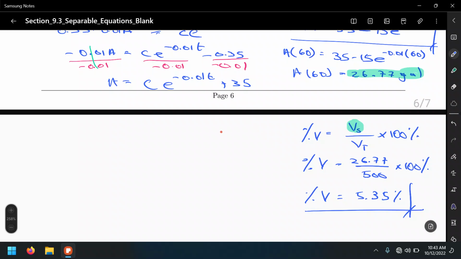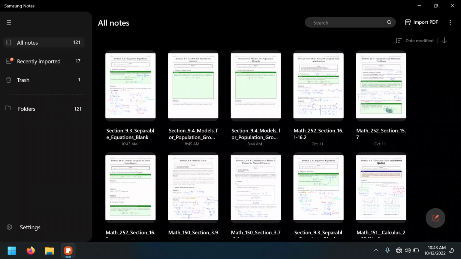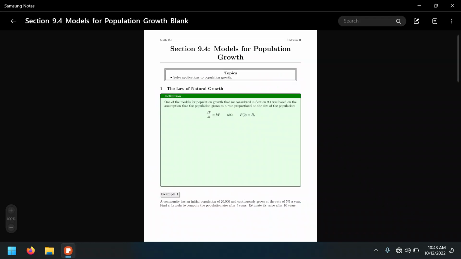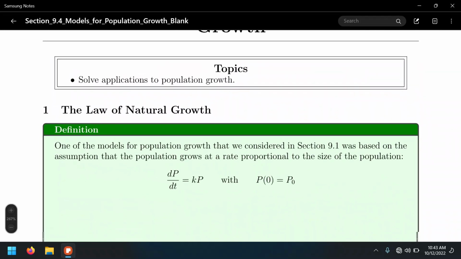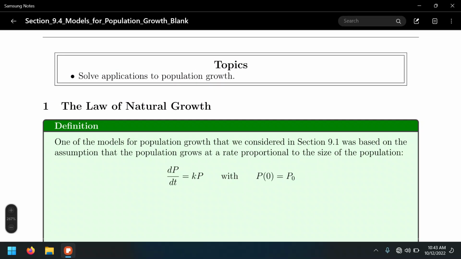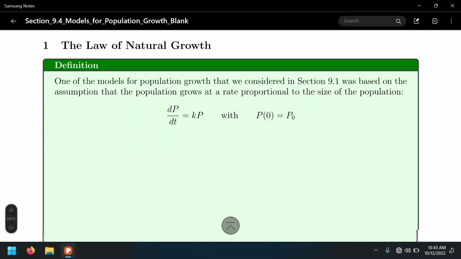And this is the end of this section. Let's touch base real quick on models of population growth. One of the simplest population models is the one that you have seen in pre-calculus, intermediate algebra, you name it. And I think I mentioned this not too long ago when we started this chapter.